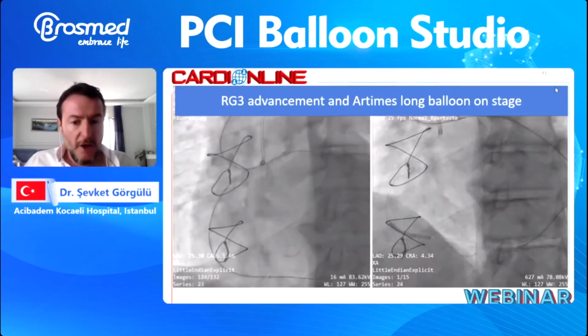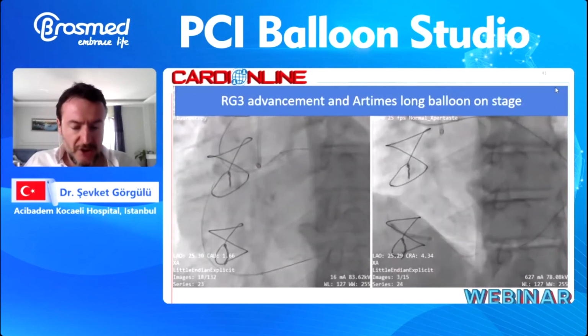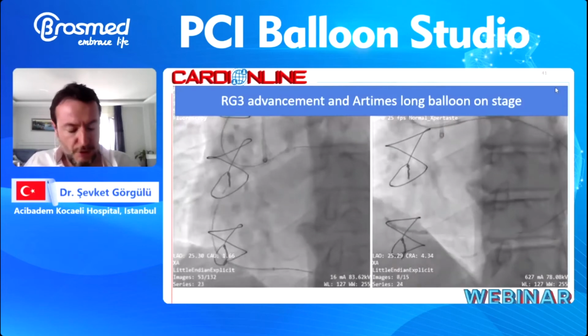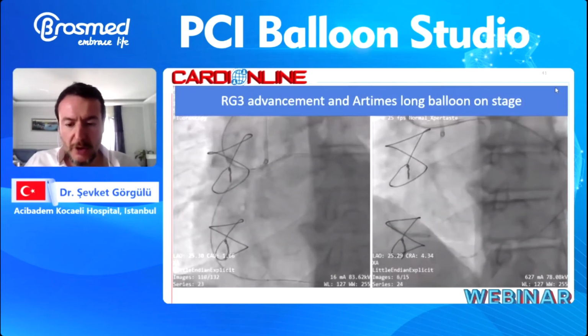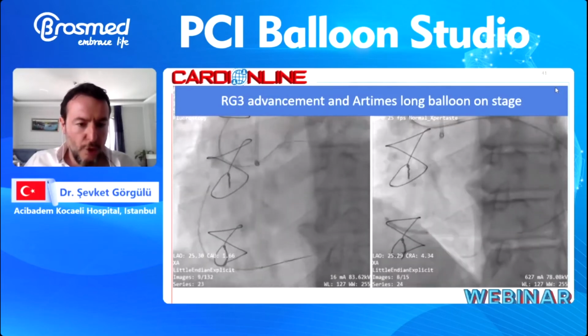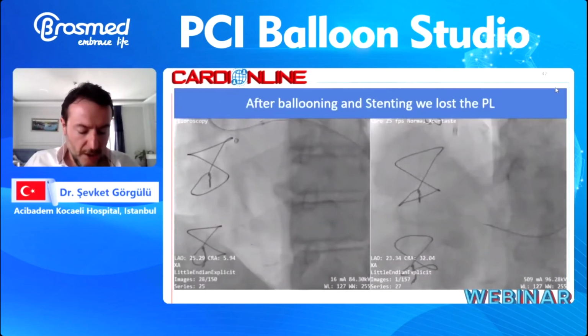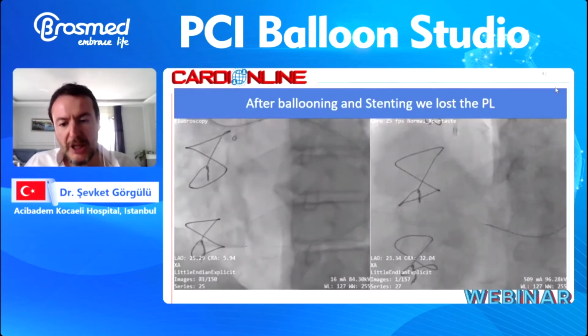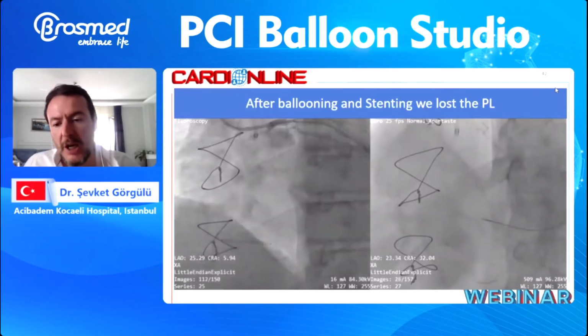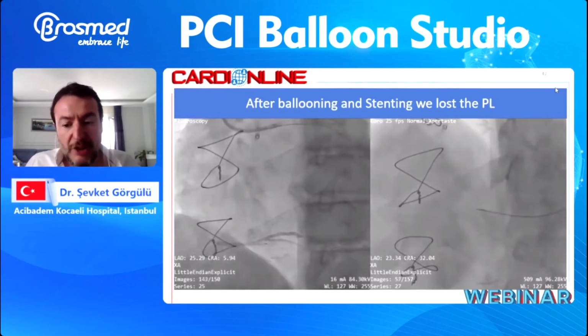You see wire externalization with this long 2 by 30 millimeter Artemis balloon, and here comes the ballooning on the left panel. Further ballooning, and after stenting, we lost the PL as well.